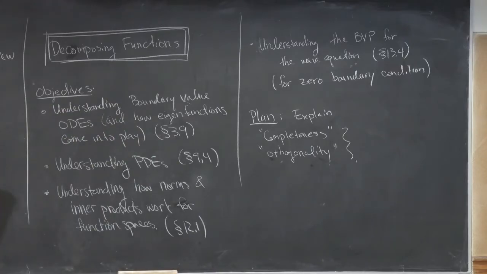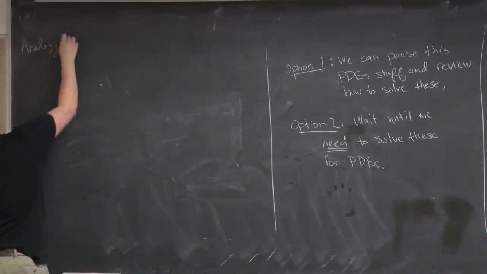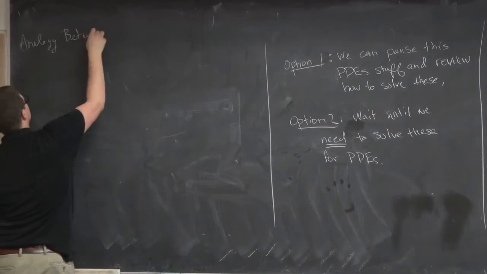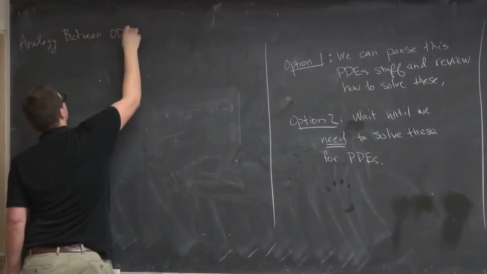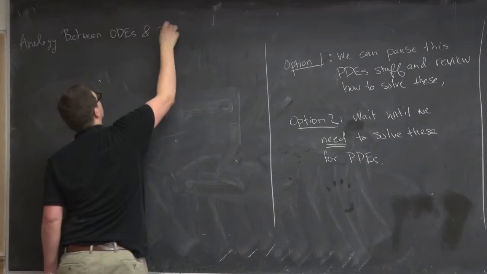Okay, so I want to present what we did yesterday. So I'm going to review what we did last time, in analogy with what we did for ODEs. Okay, so let's do this. So, the analogy in PDEs.